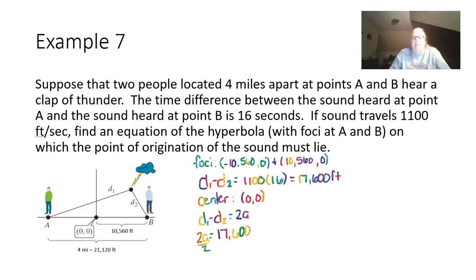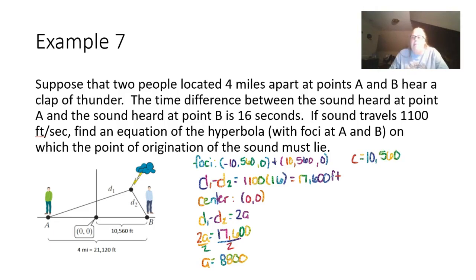I'll just divide both sides by 2, and we will figure out that a is actually equal to 8,800. Since our observers are standing at the foci, and we know the foci are negative 10,560, positive 10,560, we can pretty confidently say that c is equal to 10,560.